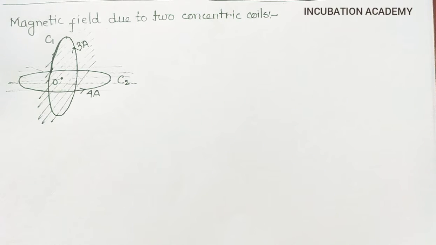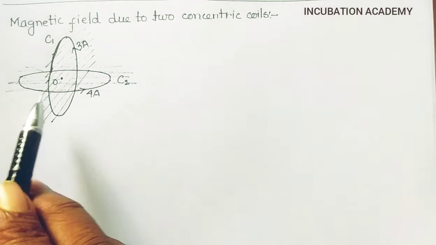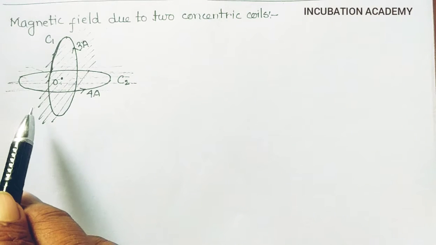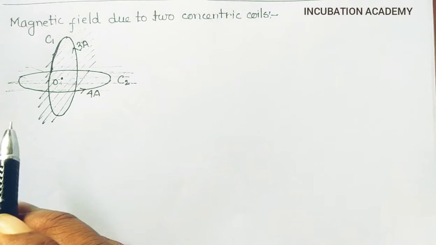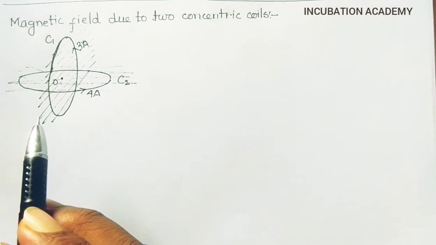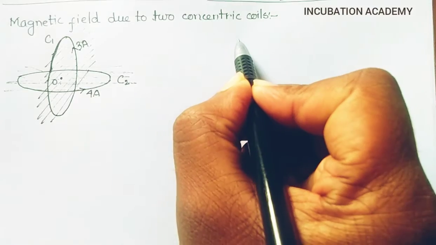To find the magnetic field at the point O, at the center, we have to know the formula of the magnetic field at the center of the coil. So we write down the general formula.